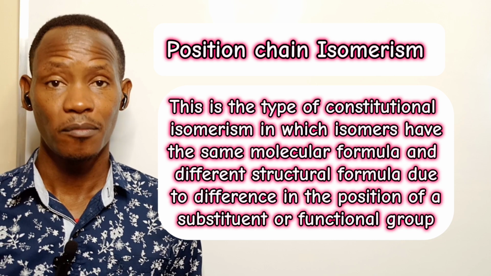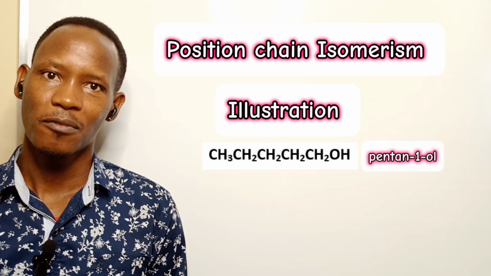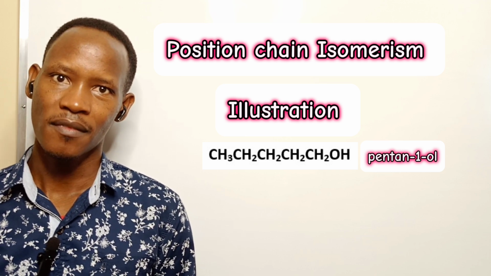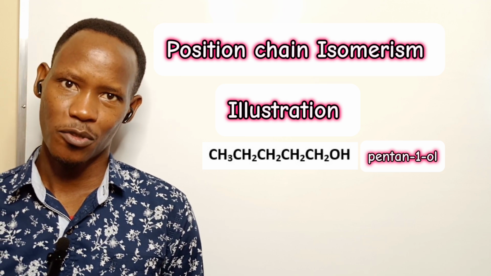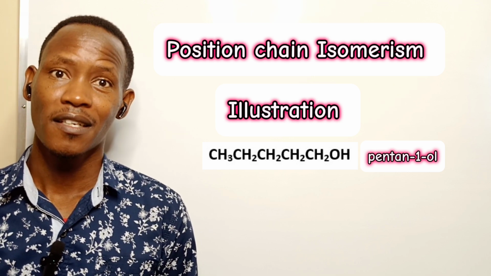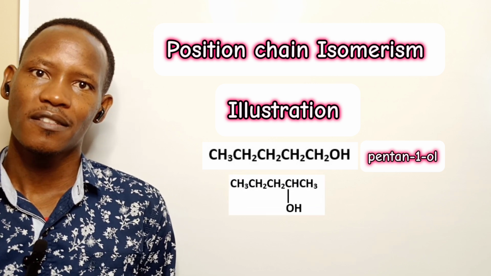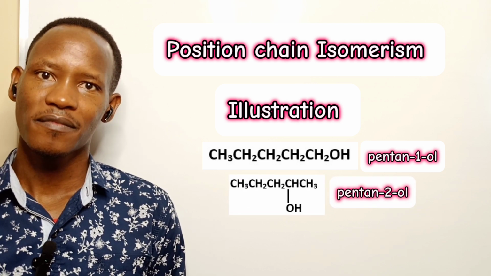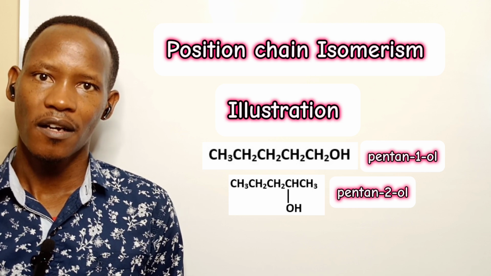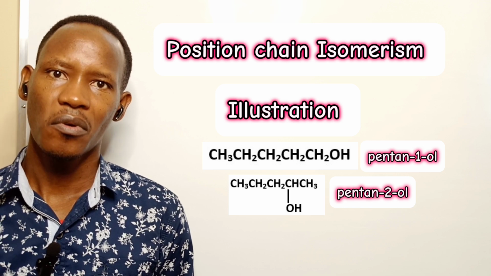To illustrate position chain isomerism, the example displayed there is well known as pentan-1-ol. Now notice that the functional group, which is the hydroxyl group or the OH group in this isomer, is on the first carbon. Its position chain isomer displayed below has the IUPAC name pentan-2-ol.